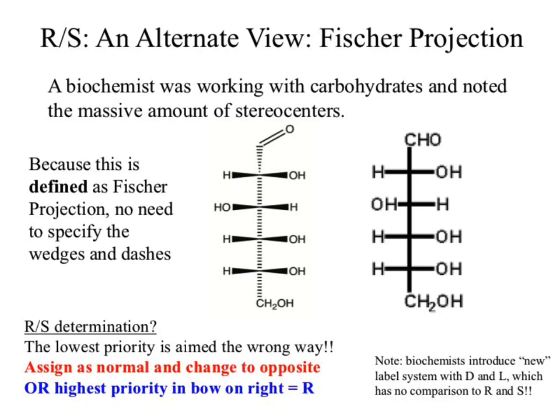Capital D and capital L. Nothing to do with R and S. Absolutely nothing. D and L are now in reference to this position and saying, where's the highest priority group? If it's on the right-hand side, it's D. If it's on the left-hand side, it's L.